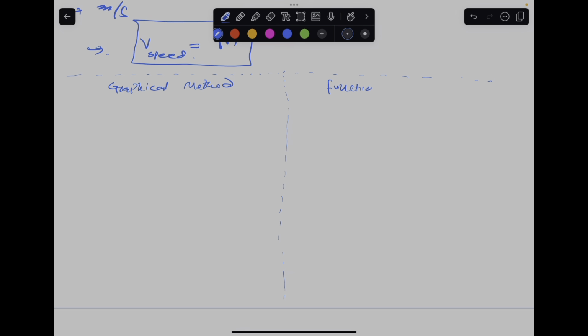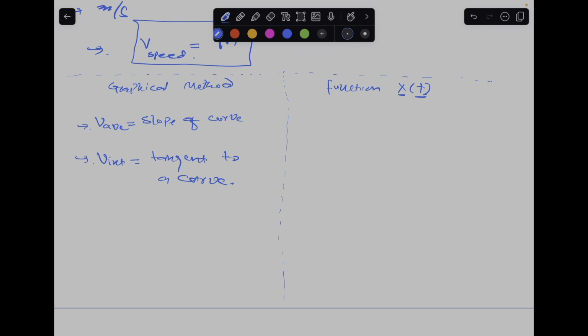We learned that we can find average velocity using the graphical method, which is the slope of a curve, and we can find instantaneous velocity using the tangent to a curve.